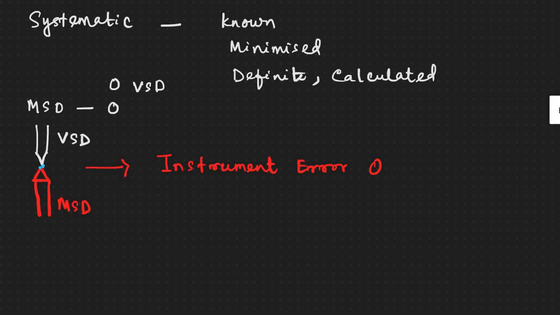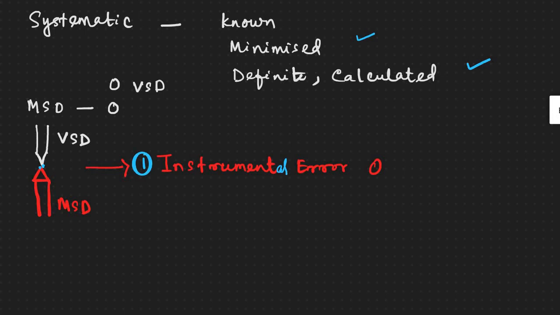Of course they are not coinciding, meaning they do not meet at one point. If they are not merging at one point, it is called instrumental error. So if the point of contact or 0 or any point is not coincident, then it is called instrumental error. It may happen, but it can be minimized and it can be calculated. But what I am trying to say is, instrumental error can happen.